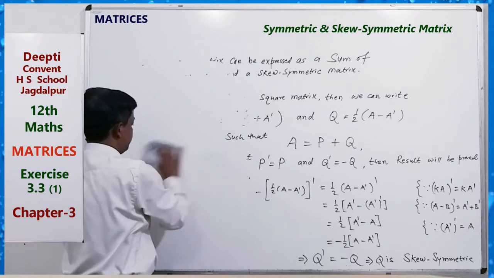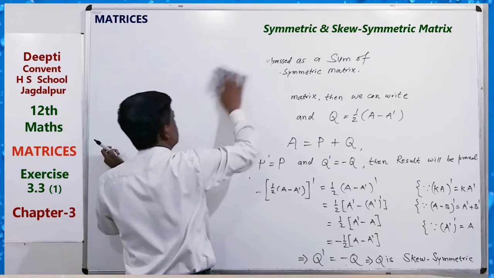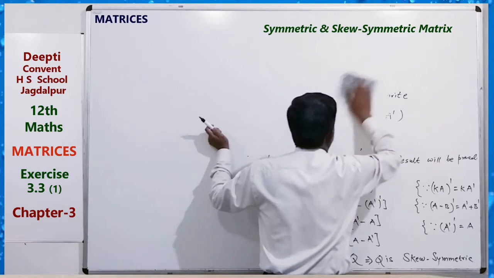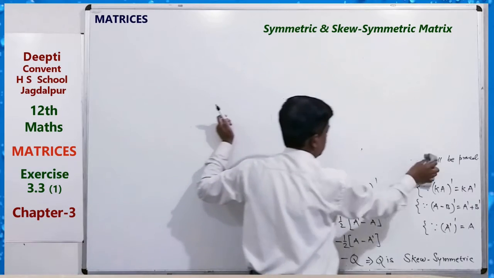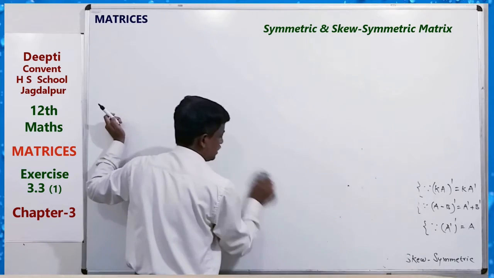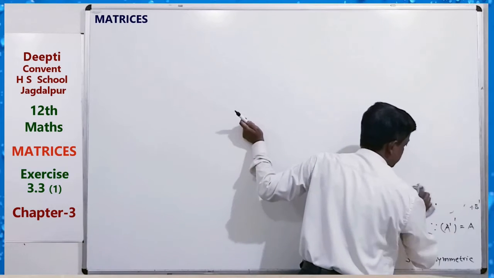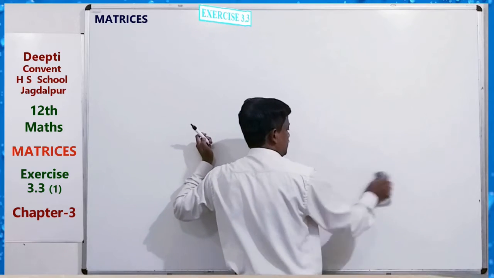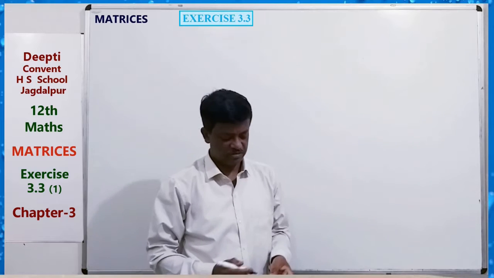It may be asked in a question to find the symmetric and skew symmetric matrices for a given matrix. So how can we find them? Just take P, that is A plus A dash by 2, and that will be symmetric, and A minus A dash by 2 will be skew symmetric for any square matrix.